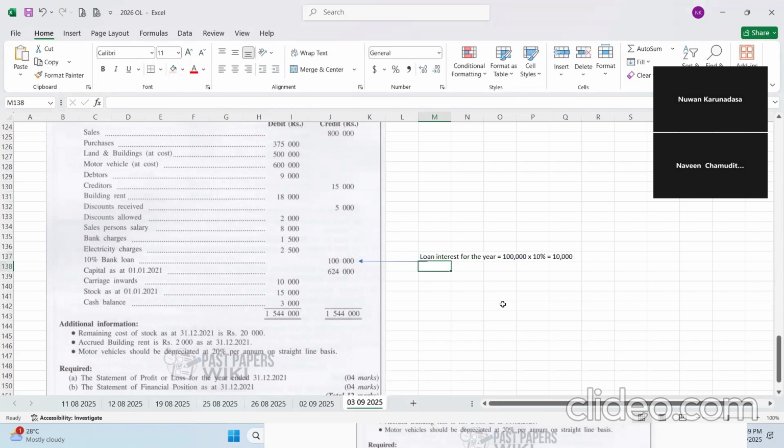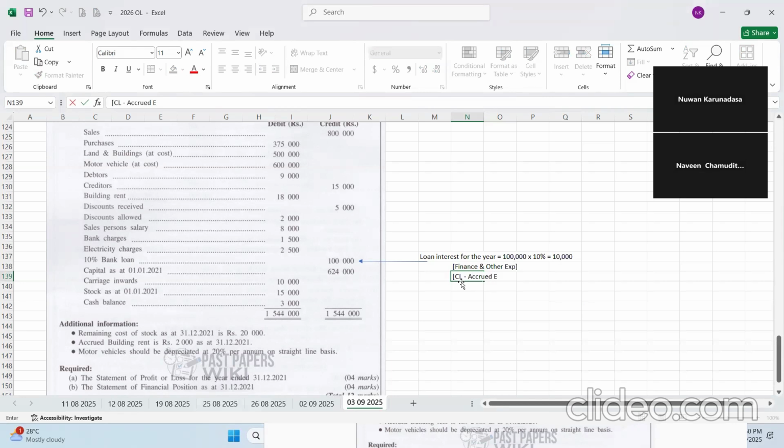This is finance and other expense. See whether that has been paid. Loan interest, they are silent. That means it's not paid. The other place is current liability, accrued expenses.